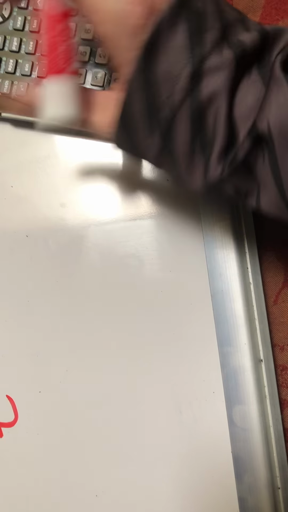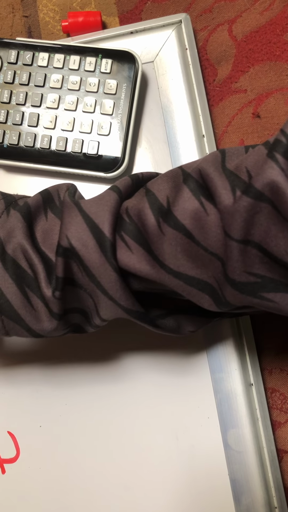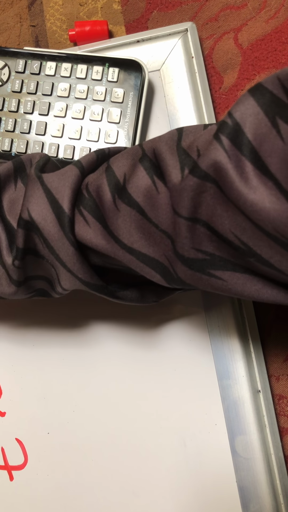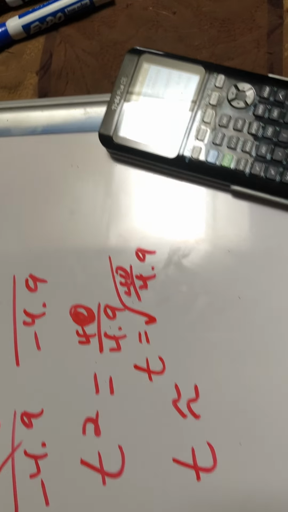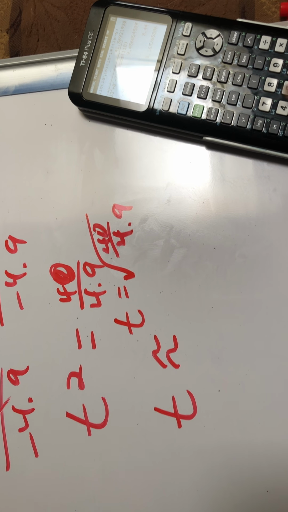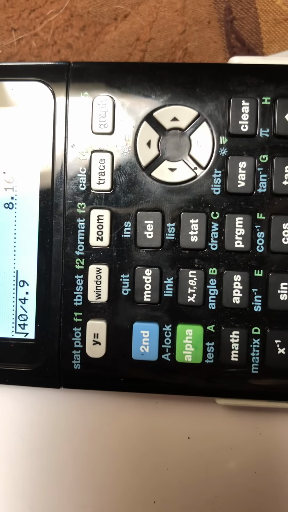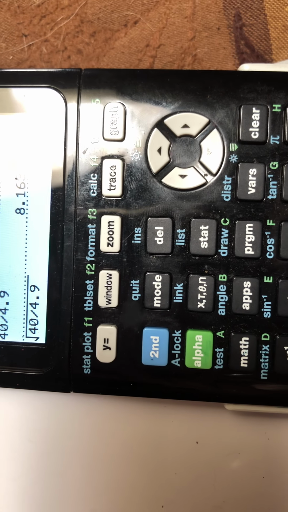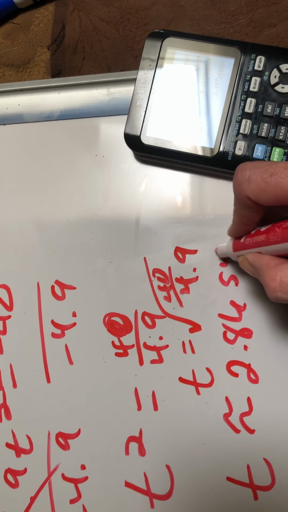Did I not divide? Oh. And then you got to take the square root. Sorry, to find t, you've got to take the square root of the 40 over 4.9, which I didn't write down. So I've got to take the square root, which is what I didn't do. That's why I wasn't getting the... So I'm going to just put it in my calculator as the square root of 40 over 4.9, which gives us about 2.86 seconds.